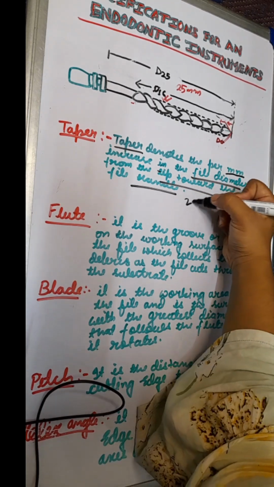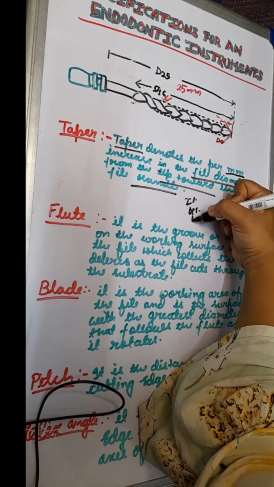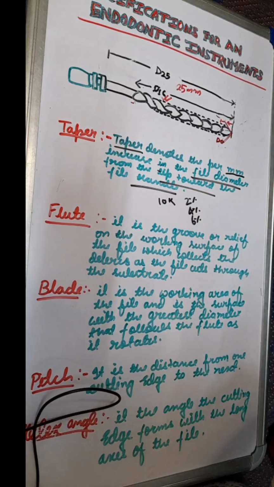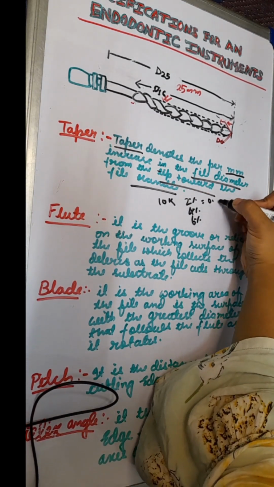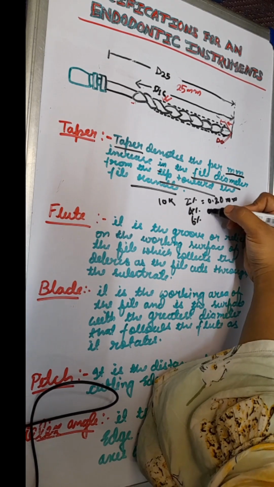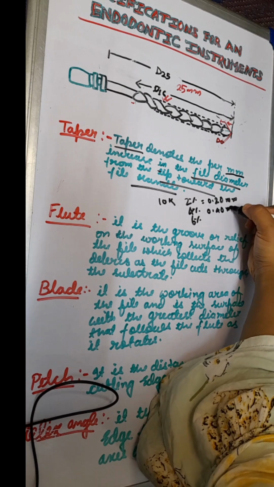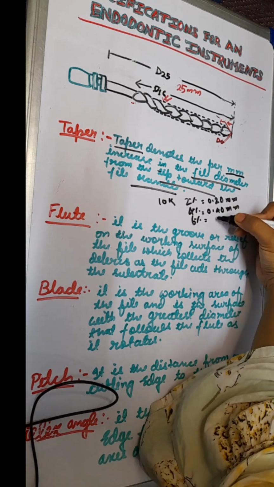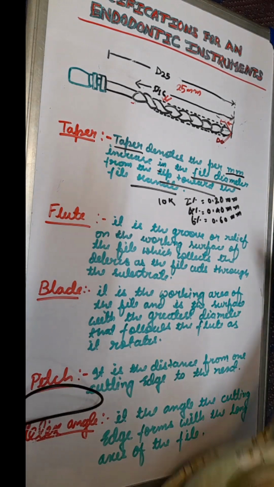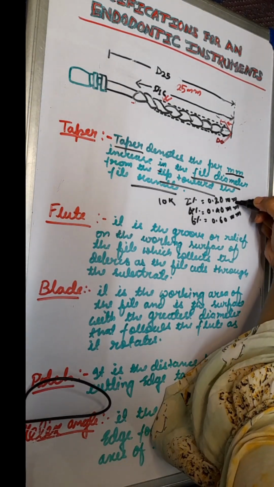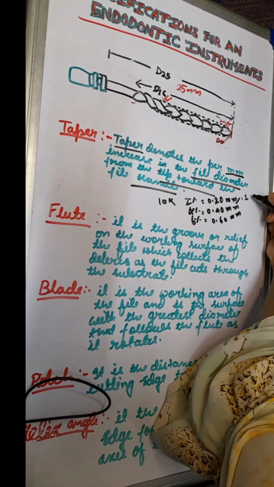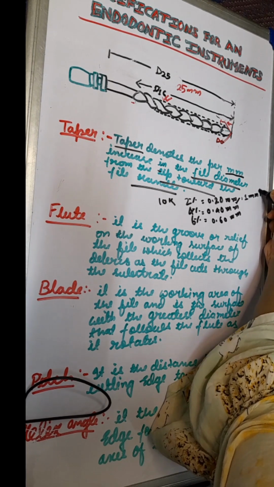Taper could be 2% taper, 4% taper, or 6% taper, which would be 0.02 millimeter, 0.04 millimeter, or 0.06 millimeter per mm increase in length.